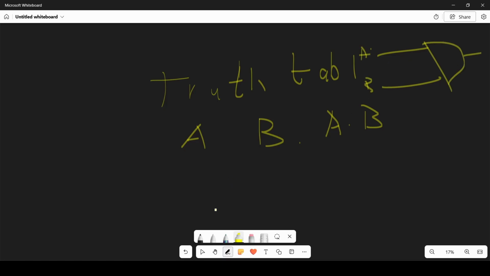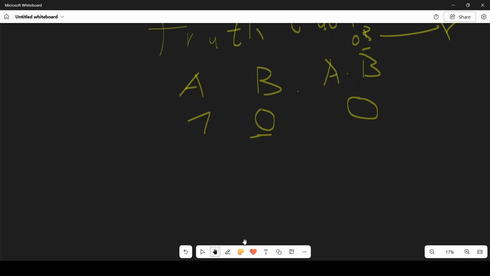Let's say I only clicked A and didn't click B. So 1 and 0. As we have said, even if there is one 0, it will give us the value 0. Now let's say I didn't click A but clicked B. As the formula said, it will give us 0.